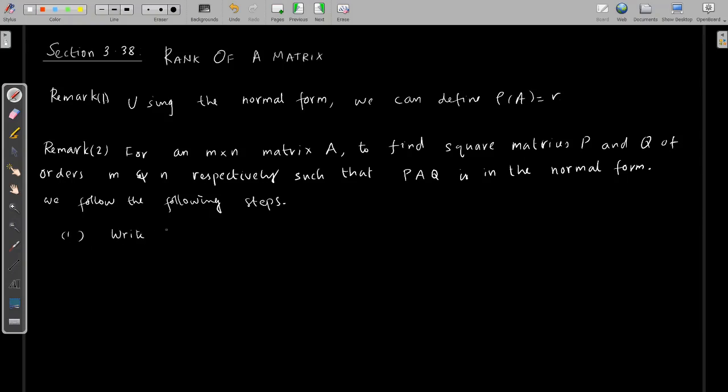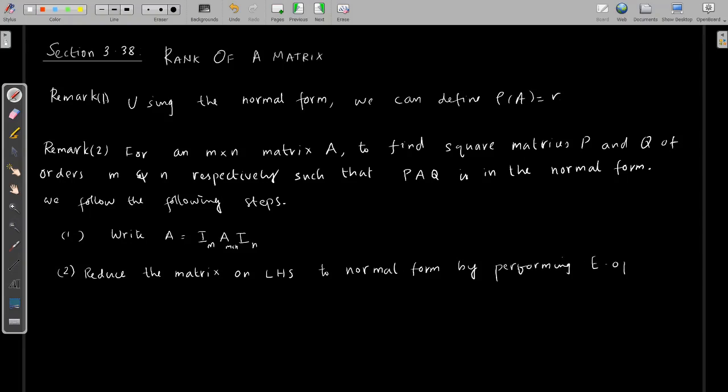For this, we write a method to find this P and Q. So first you write A is equal to Im, that is the m by m identity matrix, into A into In. Then reduce the matrix on the LHS, that is A, to normal form by performing elementary operations. You can perform row elementary operations or column elementary operations, or both. Then every elementary row transformation on A must be accompanied by the same transformation on the prefactor on the RHS.